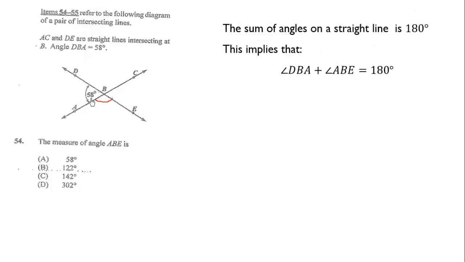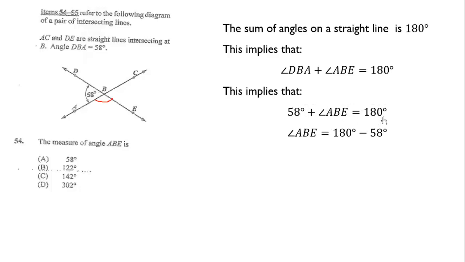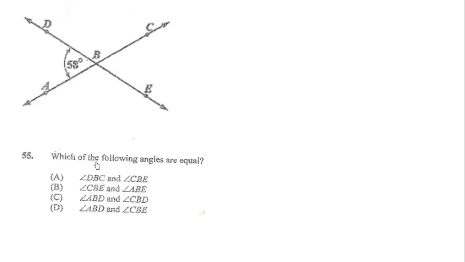So we have angle DBA plus ABE equal 180 degrees. So we substitute to get 58 plus ABE equal 180. So subtract 58 from both sides. Then angle ABE will equal 122 degrees. So this is the correct answer.